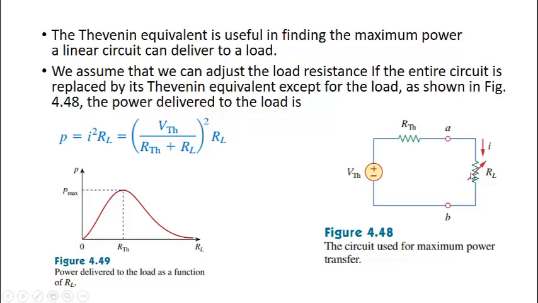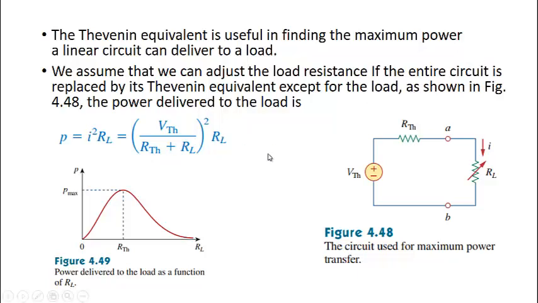When RL is infinity, it comes out to be again 0, because when you divide RL in numerator and denominator, what you will get is VTH divided by RTH divided by square root of RL.